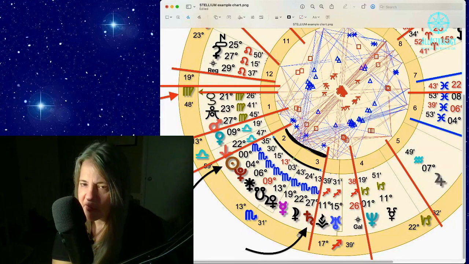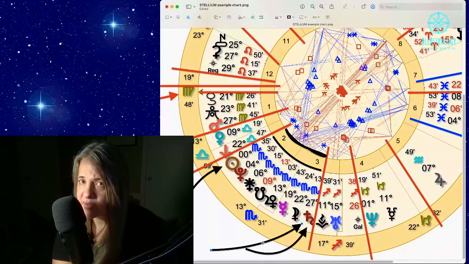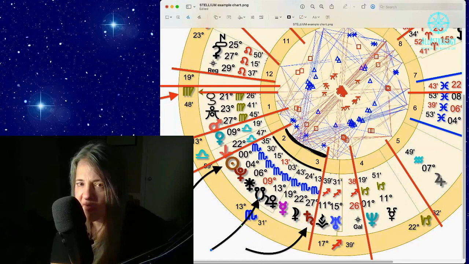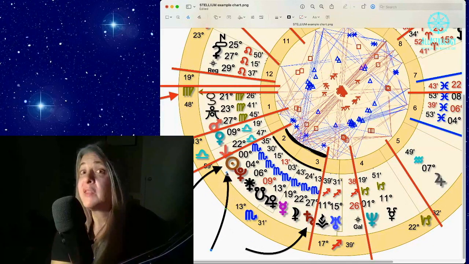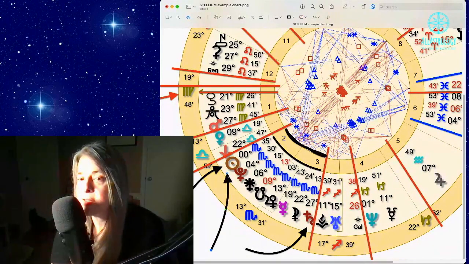Now let's go to the Saturn, the finisher, the closer, right? It's really interesting because this Saturn is also someone who's an authority figure. Yeah, this can also be my father. This is someone who is in charge, the boss. So it's like this person in this chart, they come in like they're the boss, like they know more possibly.